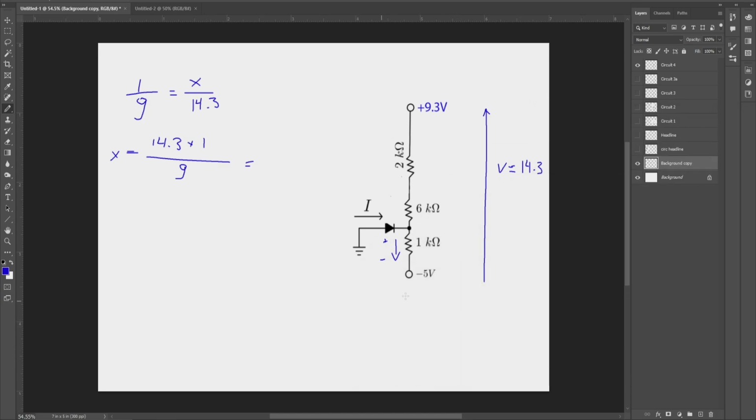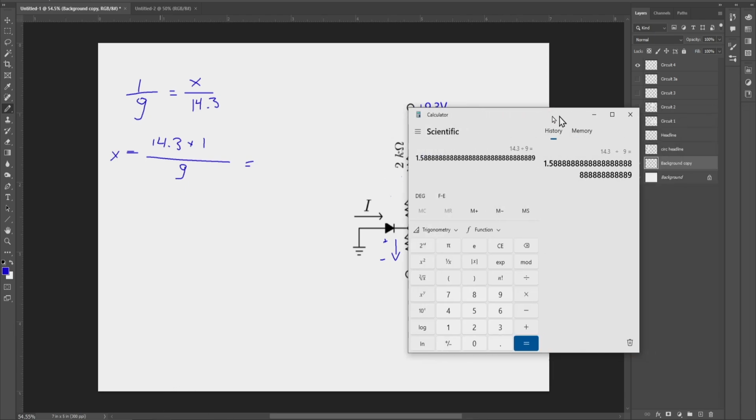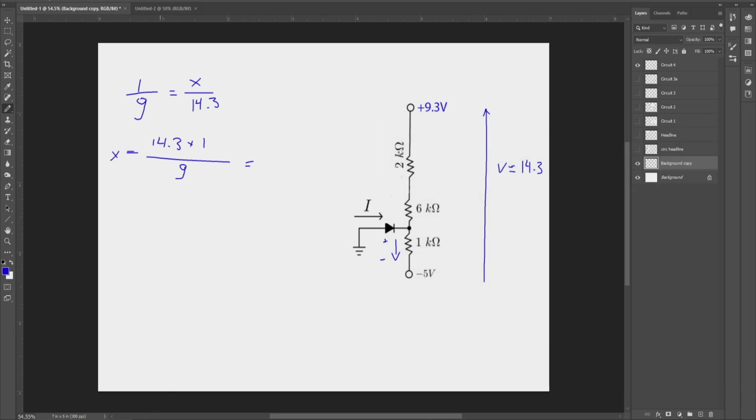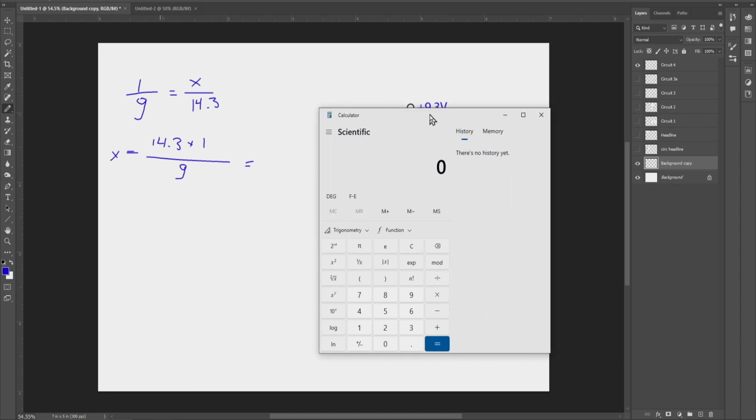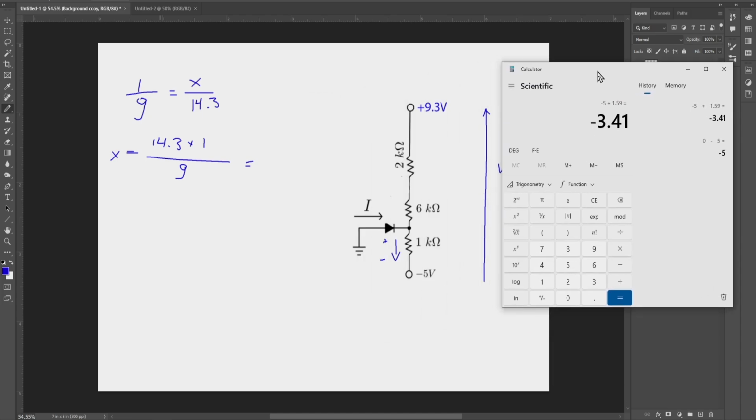All right. So minus 5 plus 1.59. That gives us minus 3.41 volts right here.